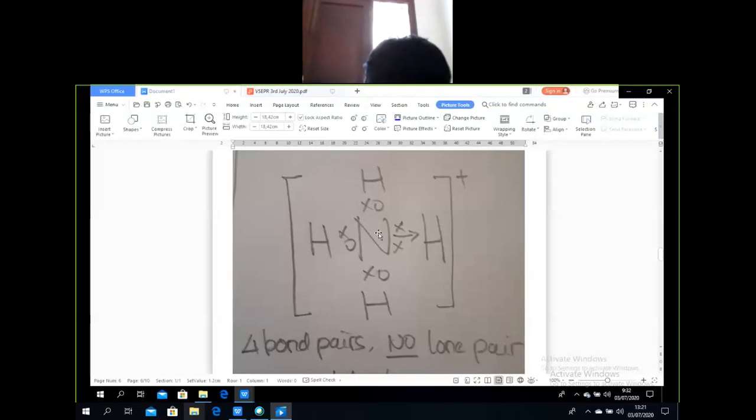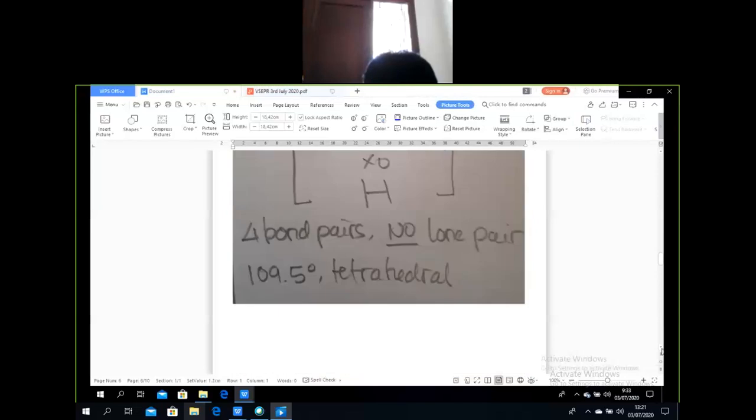So the nitrogen makes a dative covalent bond to the hydrogen, which makes 2 electrons around hydrogen and 8 electrons around nitrogen, and this one carries a positive charge. So in conclusion, there are 4 bond pairs and no lone pairs. So the shape is tetrahedral. The angle is 109.5 degrees.